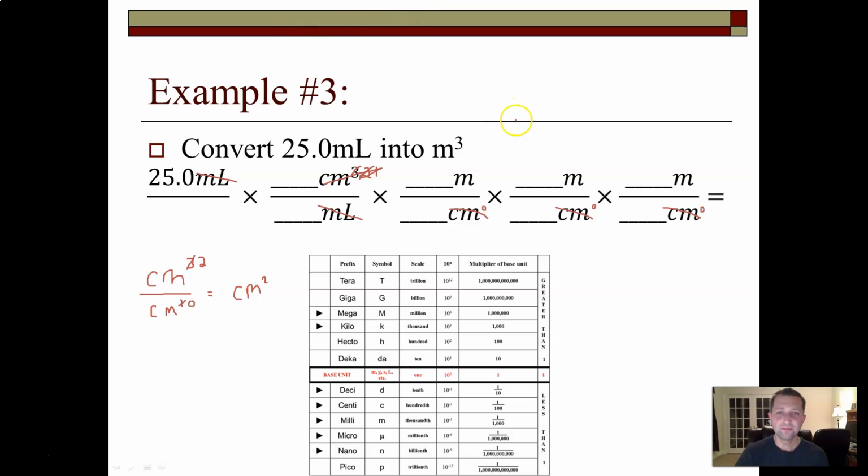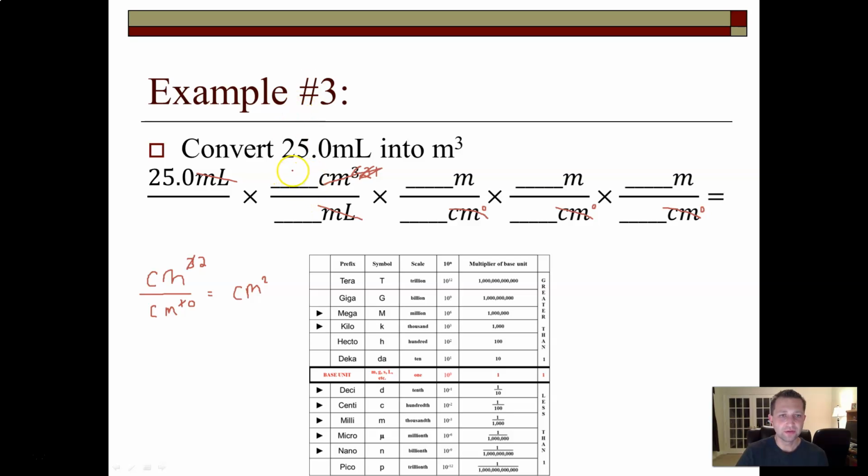You wanted meters cubed. Well, look, you couldn't just have 1 meter on the top here, and that's it, because what you would be left with is meters to the first. Meters times meters times meters is meters cubed. So we're going to get the units that we want here. Notice how everything cancels out. We have meters, meters, meters. We're good to go. Let's fill everything in.